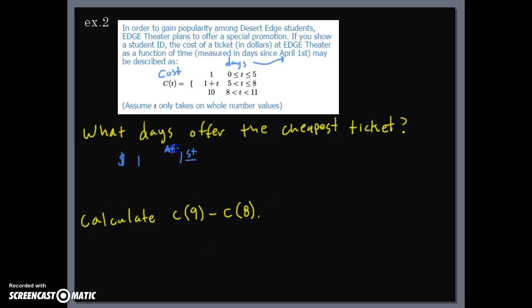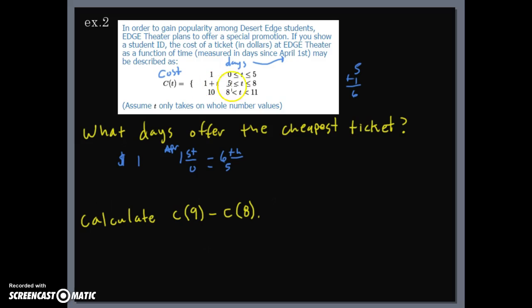And I'm going to put April for you. And 5 is an equal to, so we're just going to include that. So we add 5 to the first, 5 plus 1, 6. So we know that this is from April 1st to the 6th, right? Or from 0 to 5 is going to be $1.